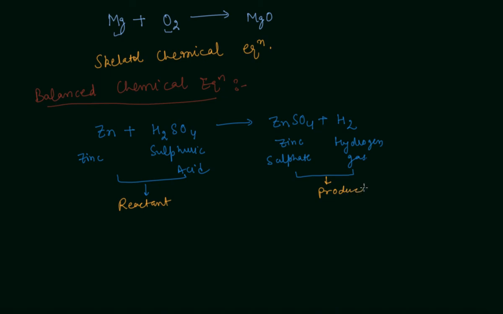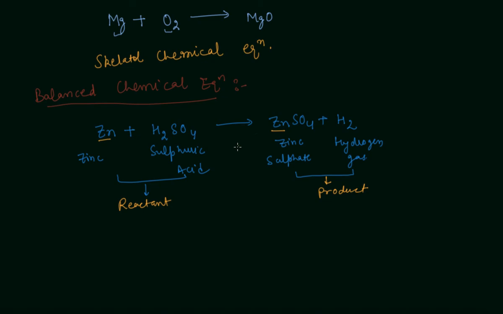So for the equation to be balanced, the masses of the elements on the product side and the reactant side should be the same, has to be equal. The number of atoms of each element remains the same before and after the chemical reaction. Hence we need to balance a skeletal chemical equation. So this is the equation in which masses are the same and the equation is balanced.